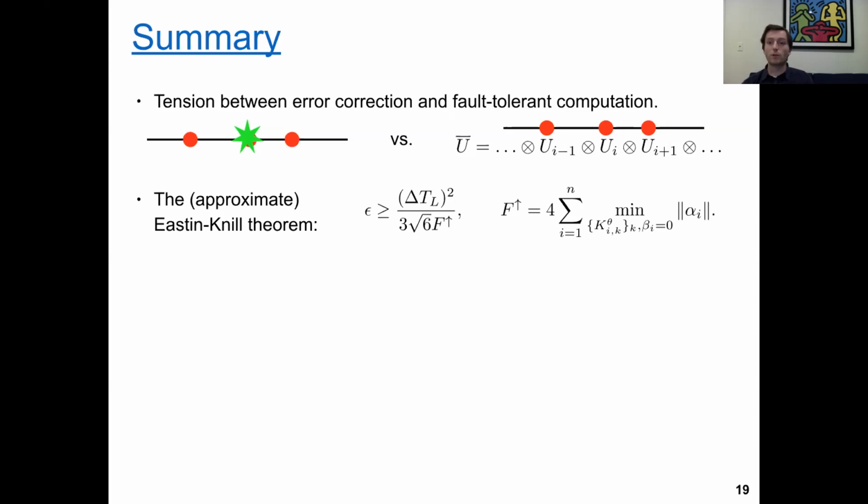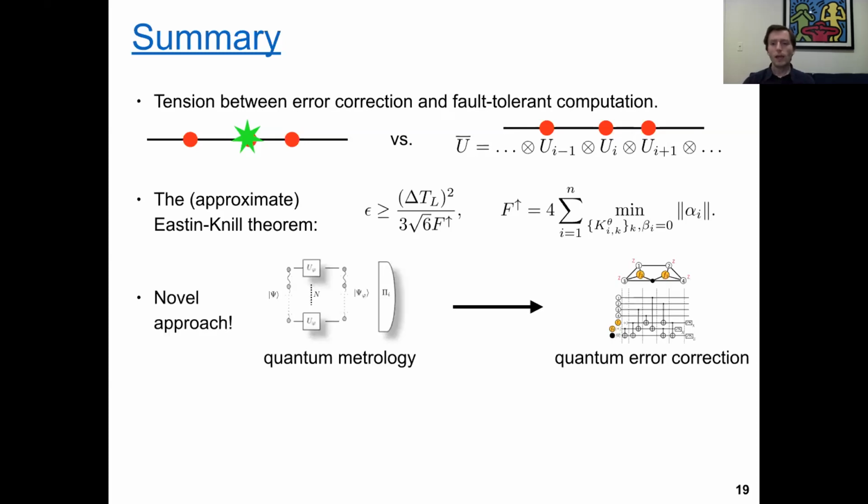There will be some lower bound on the epsilon parameter, and using the metrological approach, we can quite straightforwardly find what this lower bound is for most of the considered noise models, for instance the depolarizing noise model or the erasure noise model. In our work, we presented a novel approach in which we used quantum metrological bounds to tell us something about the quality of quantum error correction.